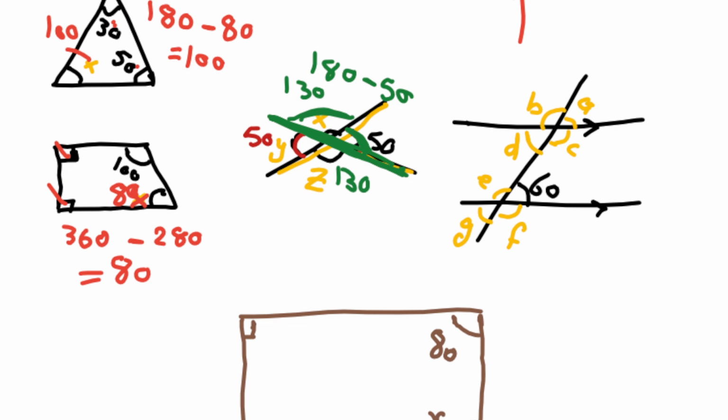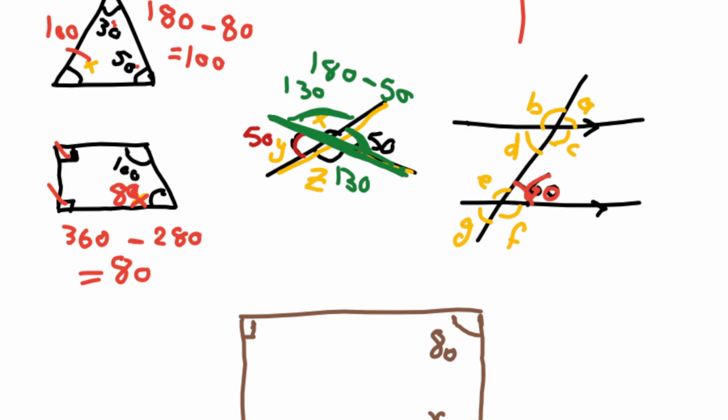Now if you have two parallel lines here, and there is a line intersecting these parallel lines, that makes 8 angles. 1, 2, 3, 4, 5, 6, 7, 8. These 8 angles will have just two values. For example, we are given one value here, which is 60, right?